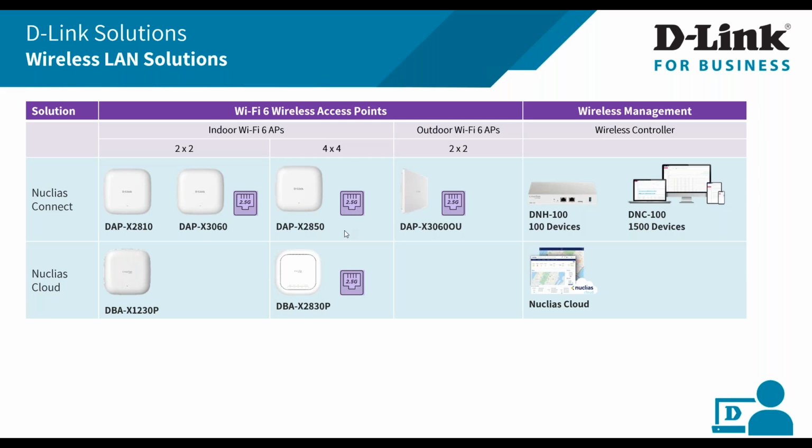And apart from the hardware, the D-Link access points are also strong in certification, performance, and security. D-Link wireless access points are officially Wi-Fi 6 certified and officially WPA3 certified, which ensures interoperability and the latest security. Some of the models also support ETSI EN 303645, a new cyber security standard for IoT.